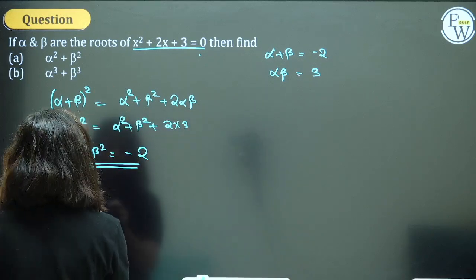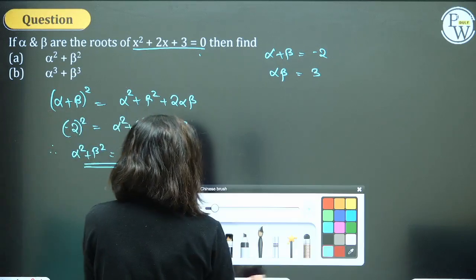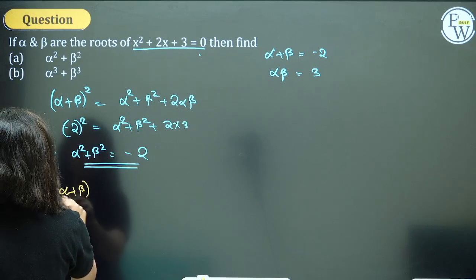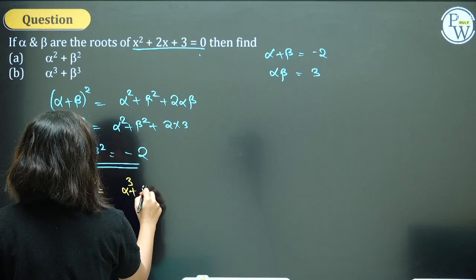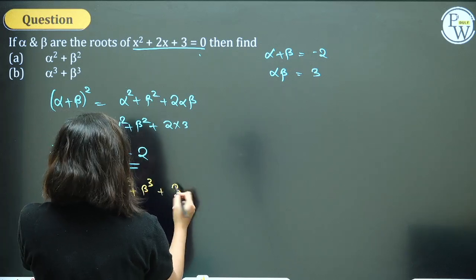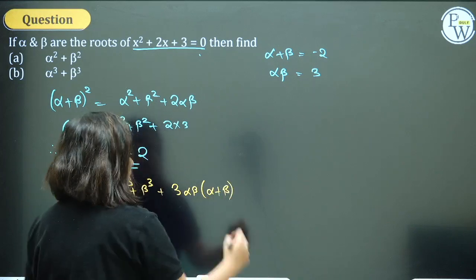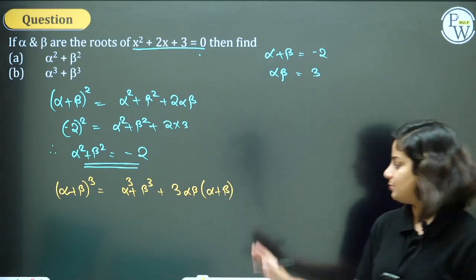What is the formula for alpha cube plus beta cube? We can use the formula. Alpha plus beta the whole cube is equal to alpha cube plus beta cube plus 3 alpha beta (alpha plus beta). Isn't it the formula? Am I correct with the formula? a cube plus b cube plus 3ab(a plus b).